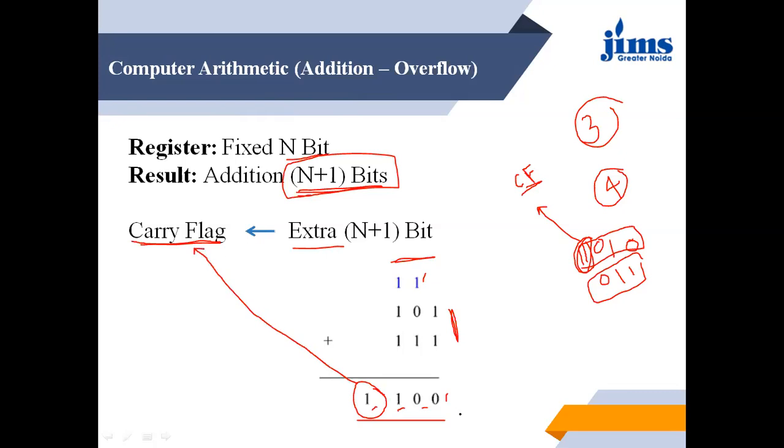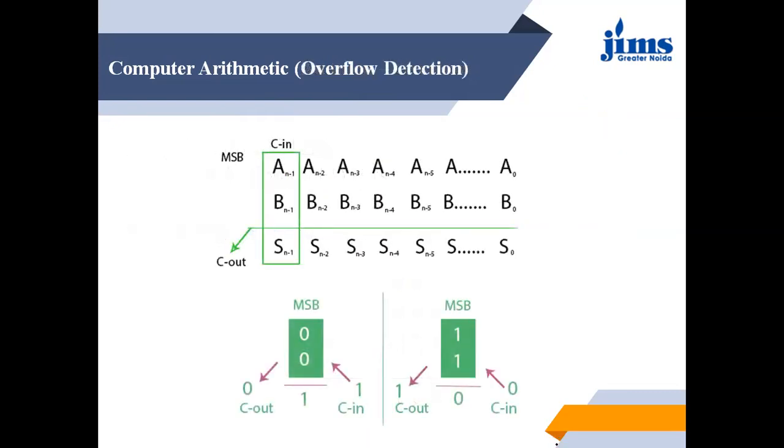Now we will try to understand how we can find whether there is an overflow or not in case of an n bit number. Suppose we have two n bit numbers. One is A, this is an n bit number. Second B, this is also an n bit number.